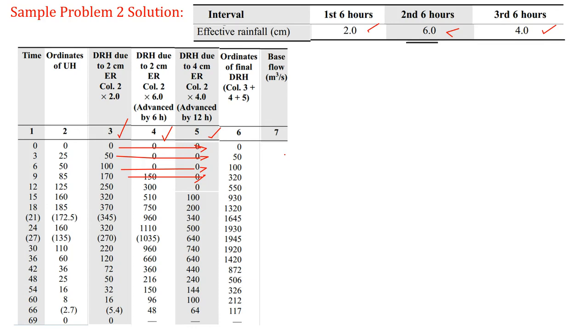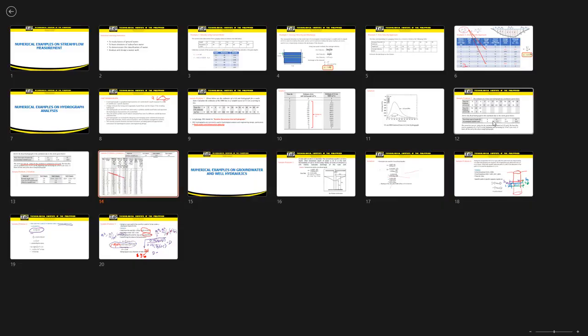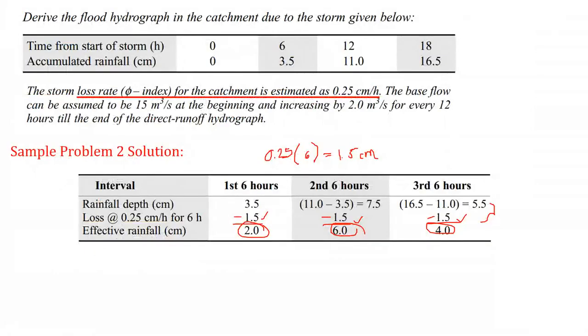And then, considering base flow, sinabi naman sa problem na yung base flow natin is sinabi na at the beginning, it is 15 cubic meter per second, and then every 12 hours, nag-i-increase ng 2.